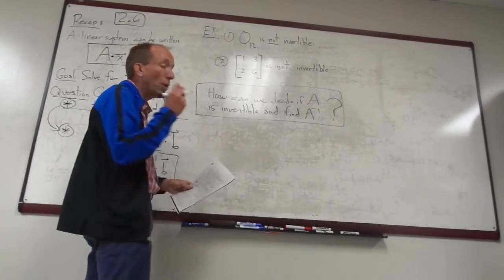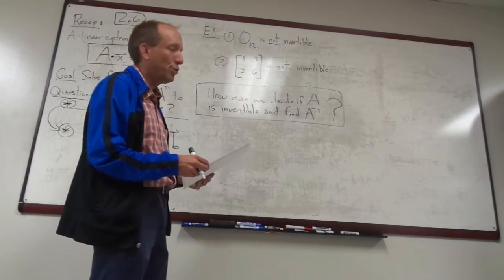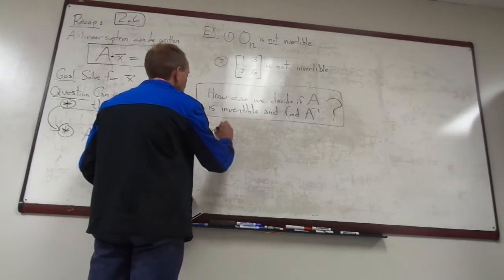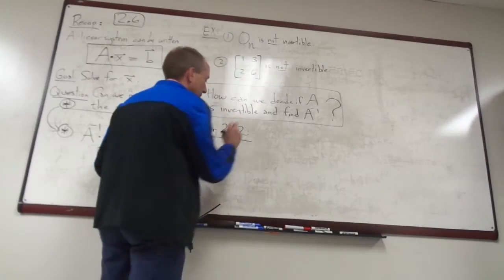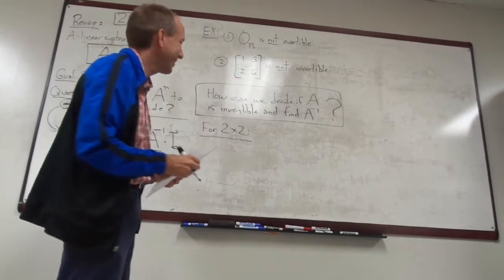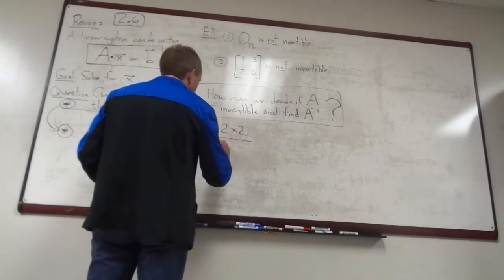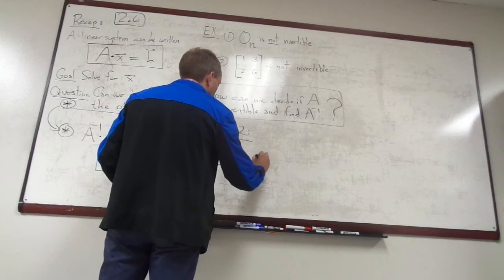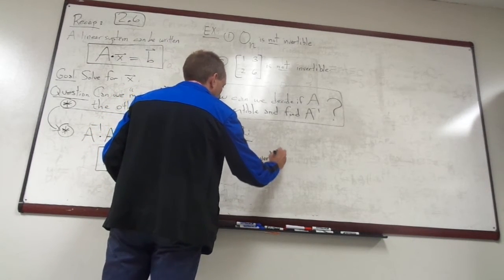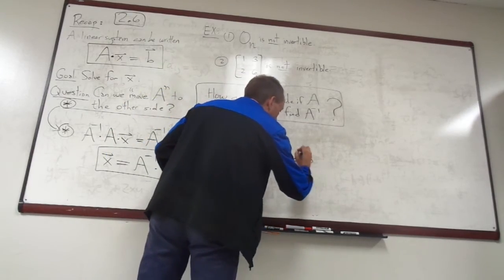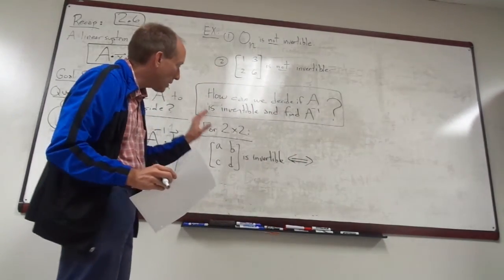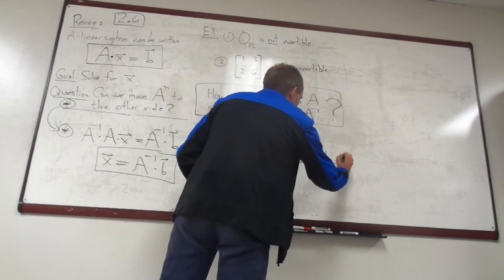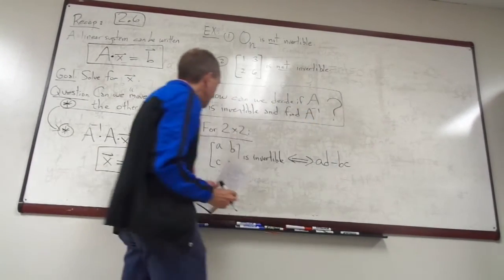Well, I'm going to answer that question for a 2 by 2 matrix first. Okay. So for a 2 by 2, it turns out it's pretty easy. Here's what it says. The matrix [a b; c d] is invertible if and only if... it turns out that the secret to this whole thing is ad minus bc.